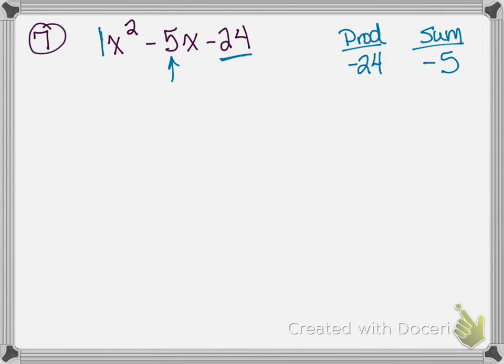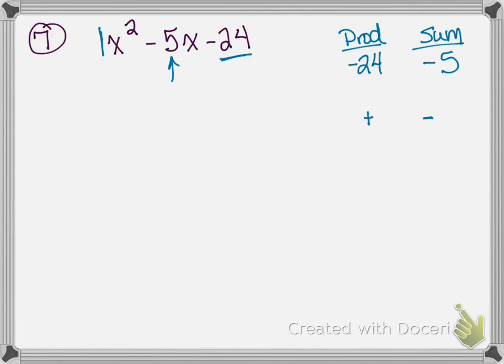So I'm looking for one positive number and I'm looking for one negative number because that is the only way that I can get a negative number. The only way that when I multiply two numbers together that I get a negative number is that one of them has to be negative, okay?